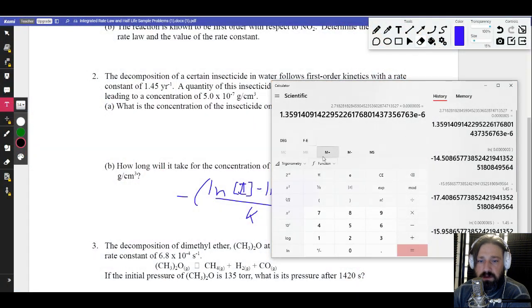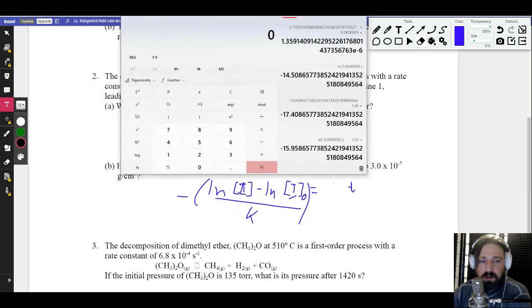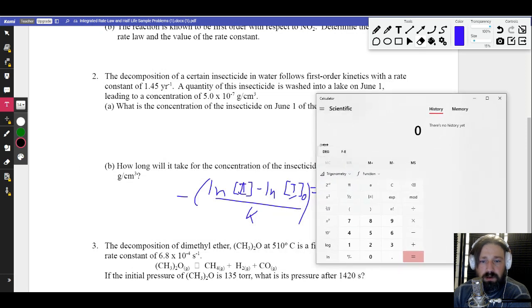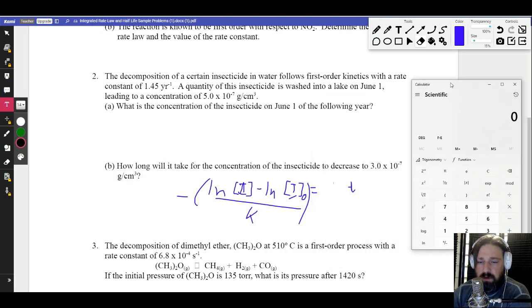All right. So for that, what do we need to do? 3.0 exponent negative 7, the natural log of that, minus 5.0 exponent negative 7, natural log of that, divided by k, 1.45.